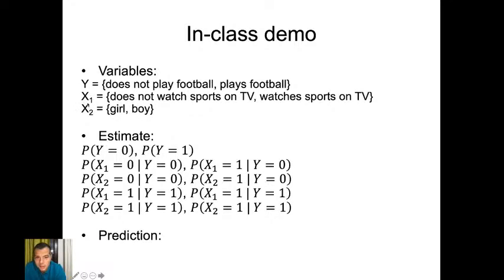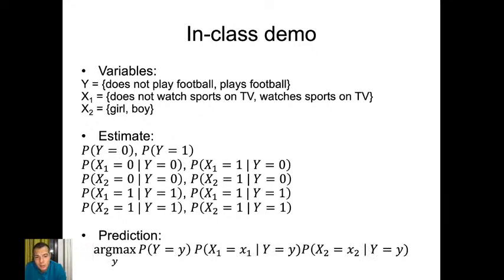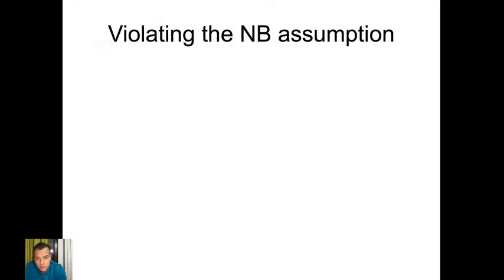So these are my variables, and I'm trying to estimate the probability that you play or not play football based on these two variables. We compute some probabilities, and then we take another data sample and do some estimation. This is a toy example. I think you also do a similar example in the lab, so I'm going to skip this part.